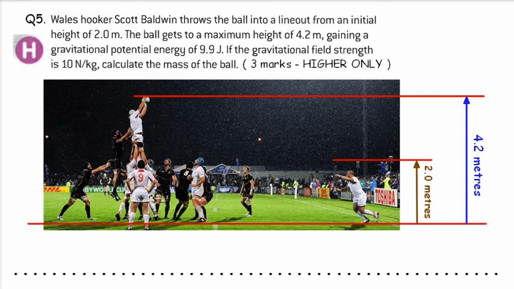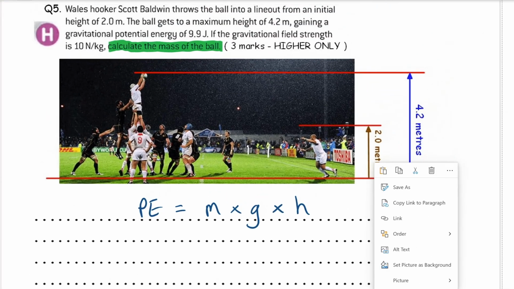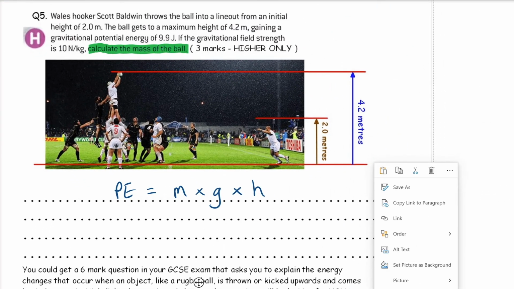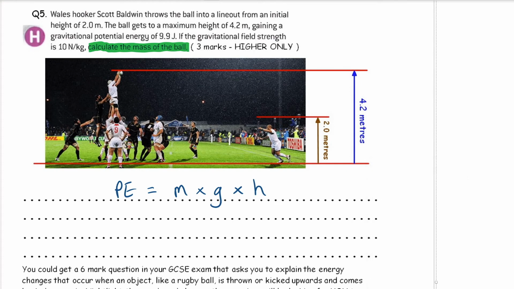But anyway, the important thing here is, what are we trying to work out? We've been asked to calculate the mass of the ball. In order to work out the mass of the ball, we're going to have to use this equation and put in what we do know. What we do know is it goes from an initial height of 2 meters to 4.2 meters.